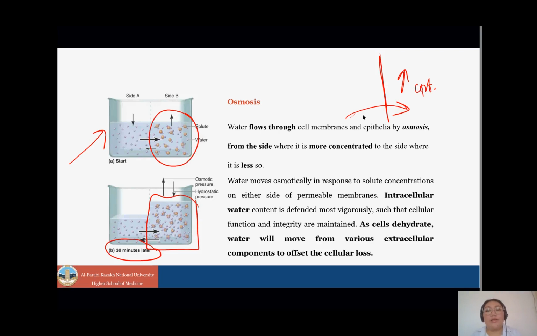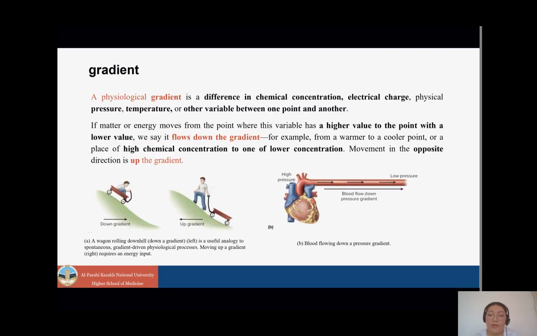And you can see that the osmotic gradient is really important. This is the ratio between the concentrations, between the amount of particles of one substance and the amount of particles on the other side. Moving down the gradient means, look at this, we don't need any source of energy.